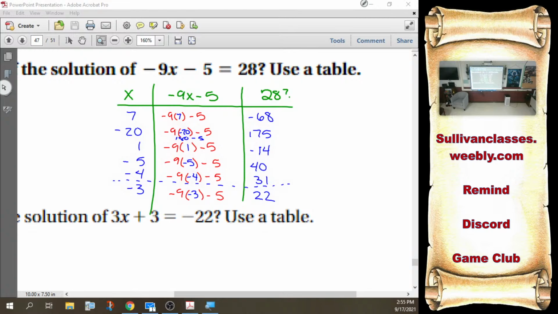I want you to get that table and say between what two numbers is this?